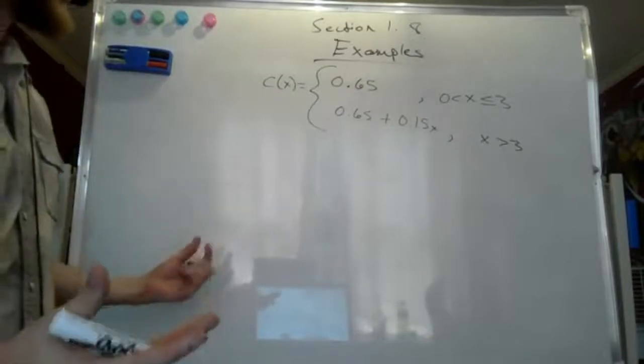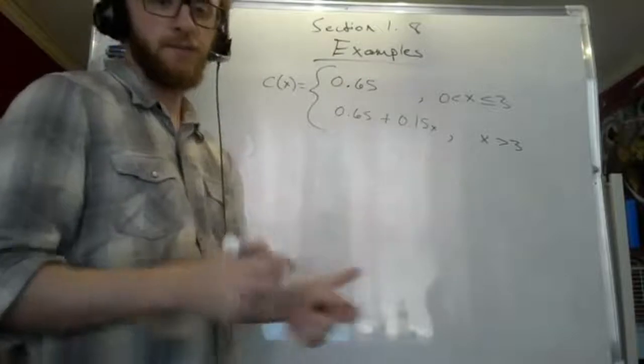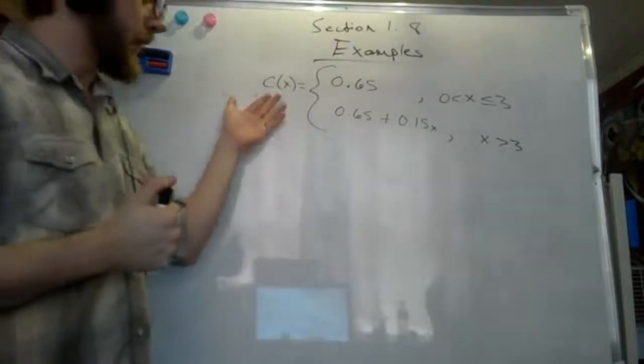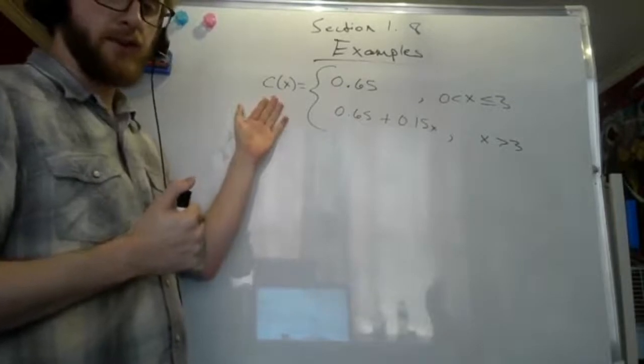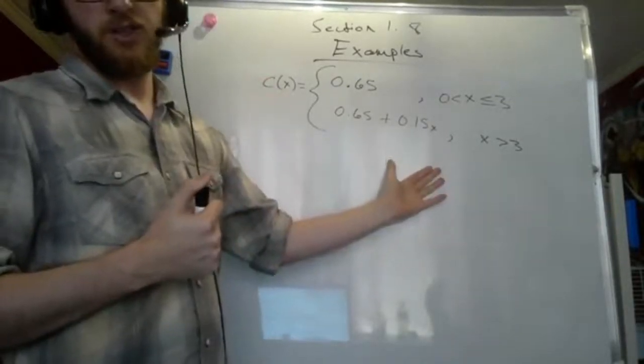So in the case of this question, they only ask you for the cost function, so then this is our final answer. But the whole point of this question is, by the way, don't forget about piecewise functions because they can still pop up in these types of questions.